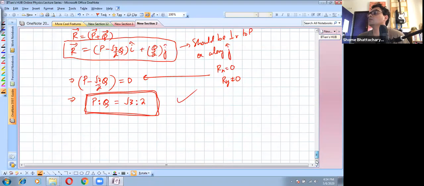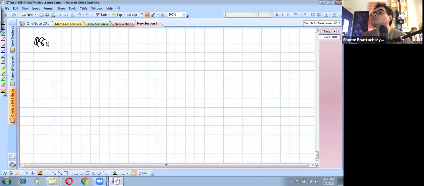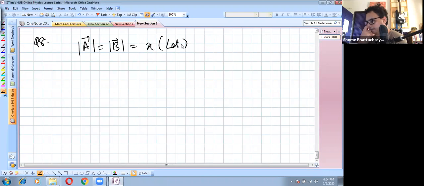So for 8, what is the statement of the question given? It is that A and B are of equal magnitude. So mod A is equal to mod B. Let's assume that the common magnitude is X. Now, given in the question is that mod of A plus B is to mod of A minus B is 1 is to root 3.